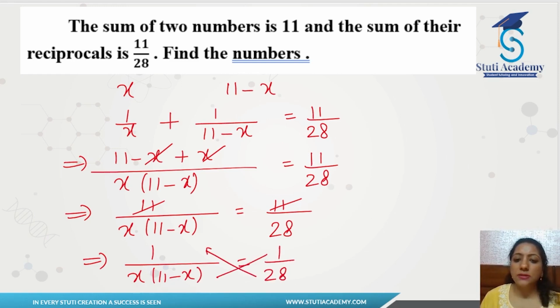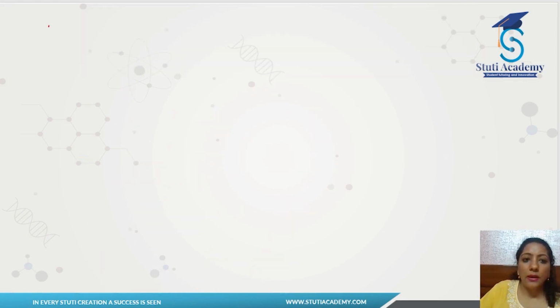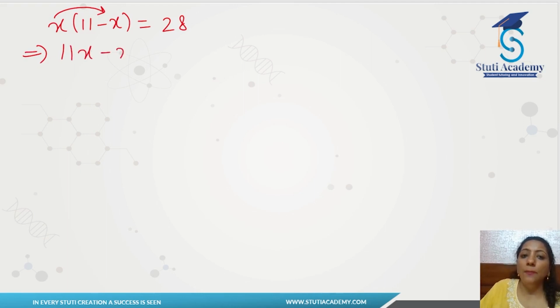Now we'll cross multiply this. So we will get x into 11 minus x is equal to 28. This x we will multiply inside the bracket. We will get 11x minus x square is equal to 28. This 28 I've written as it is.